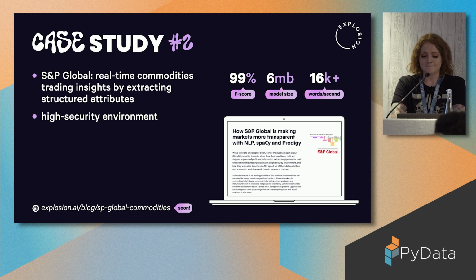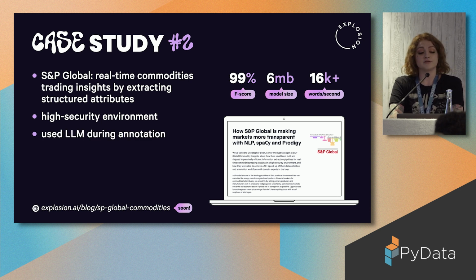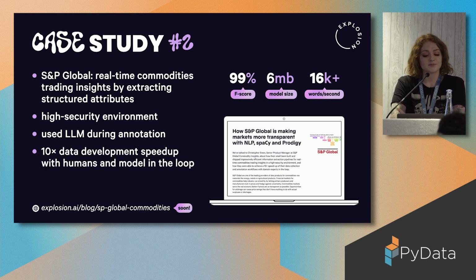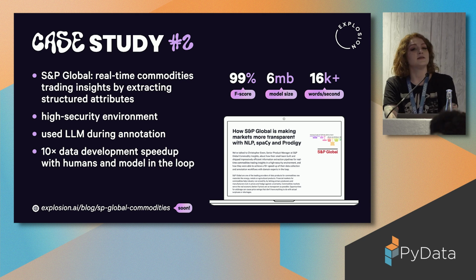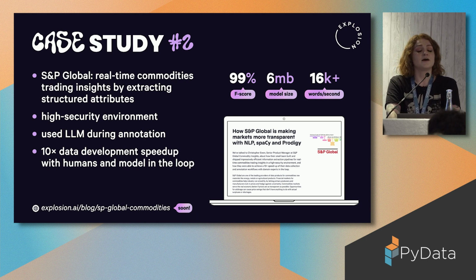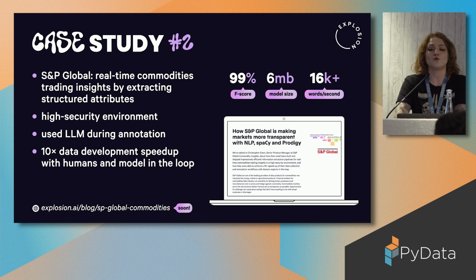So it was absolutely crucial that this runs in-house, and it needs to obviously be fast. And they used a large language model during the annotation process to help bootstrap the predictions, and actually managed to achieve a 10x speed up by turning the questions into a more binary format and really focusing on one single category at a time.